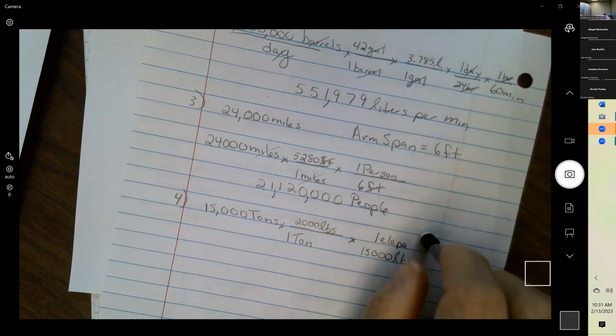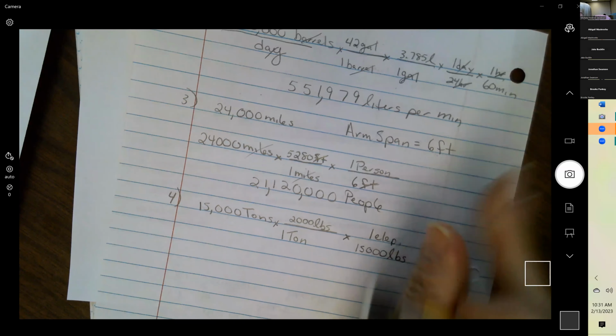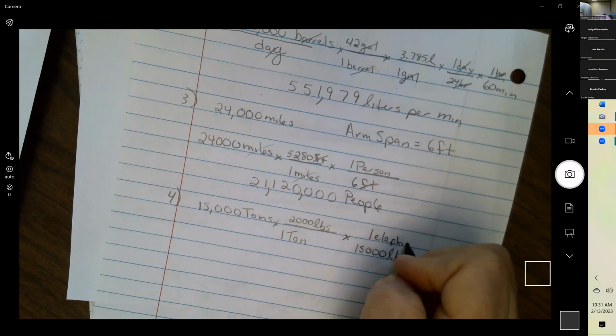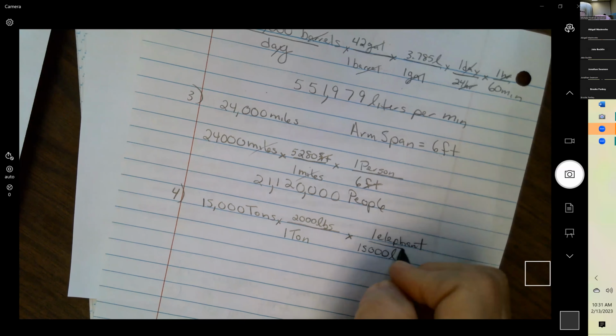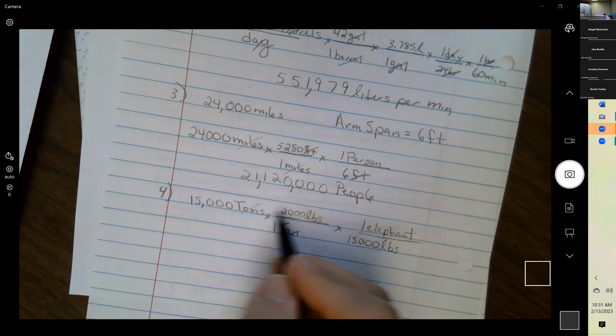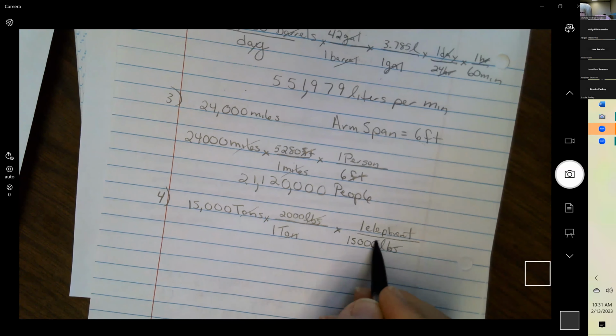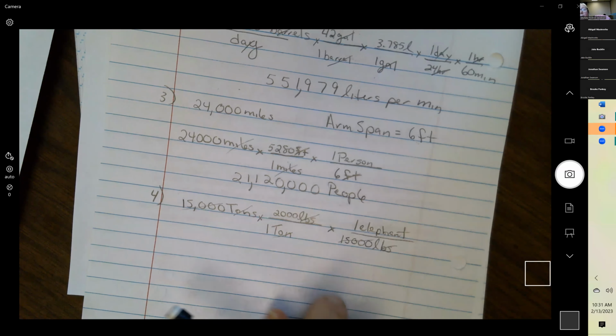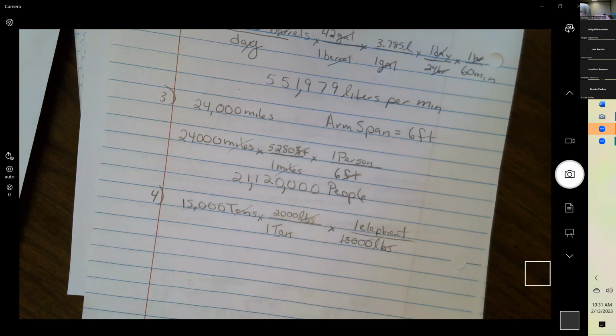Of course, it's the largest elephant and it's a male. So tons cancel, pounds cancel, even the 15,000 cancels if you wanted. 2,000 elephants.